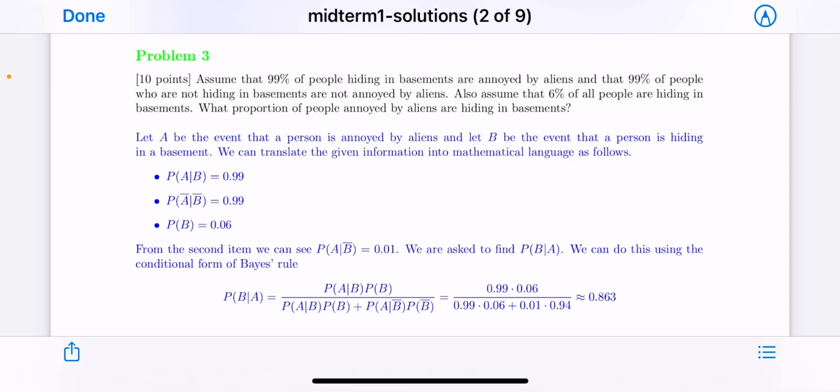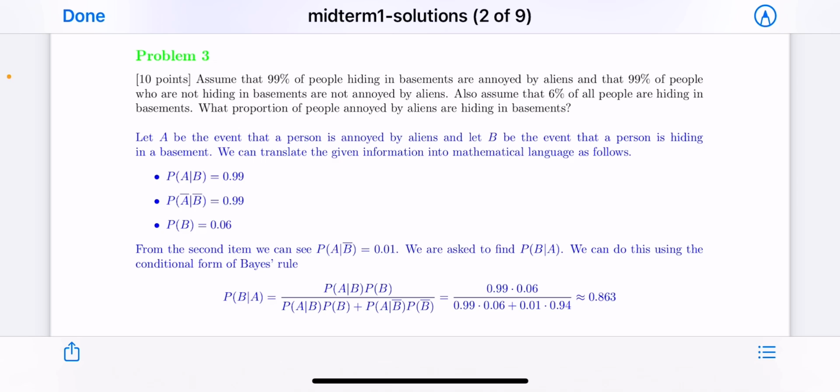So as soon as I see data like this, I think to myself, this data is exactly set up to do reflection of conditional probability through Bayes' rule.